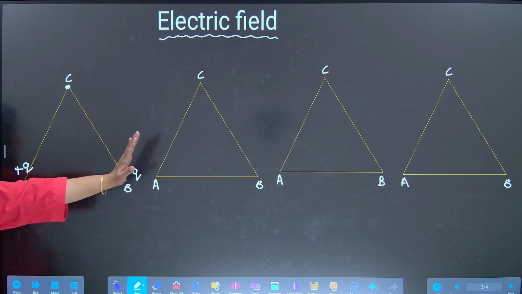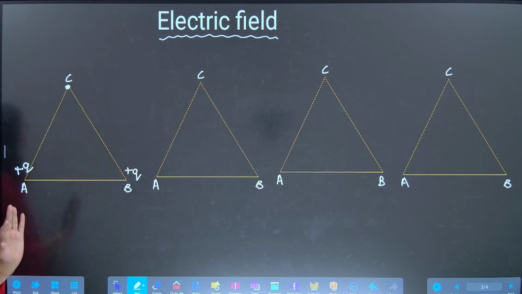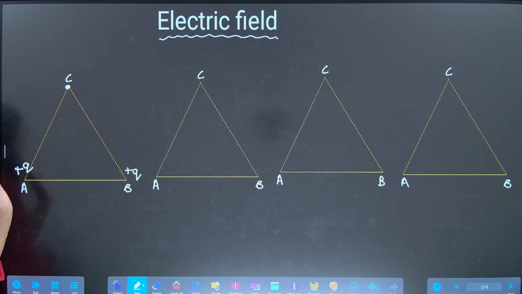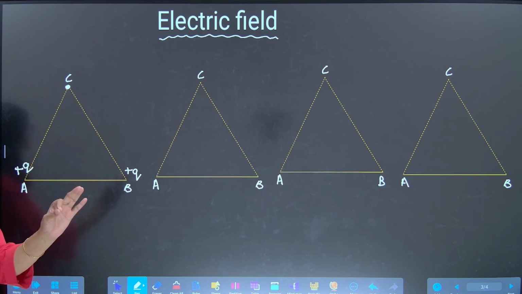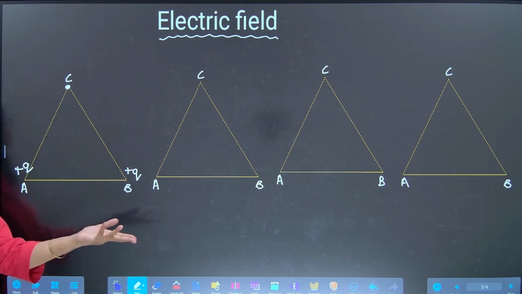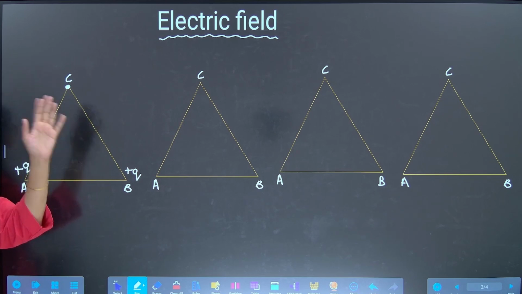I am not going to do any numerical, just how to find out the direction of the electric field from the point to the charge or from the charge to the point. Once we know the direction, the other things will follow, adding vectorially by the parallelogram law of adding vectors.